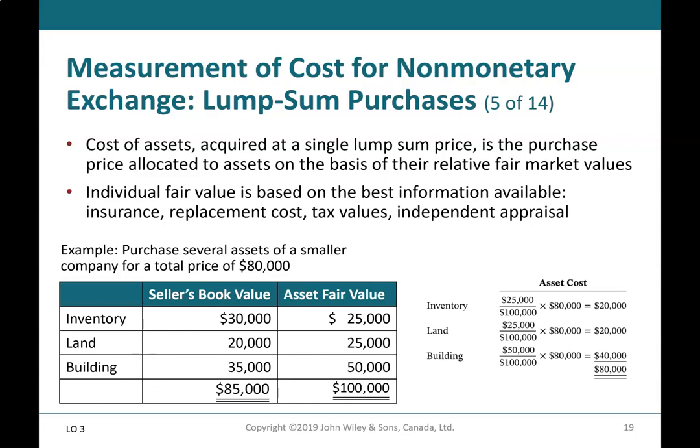So for inventory, you would take the fair value of $25,000 and divide that by the total of $100,000. Multiply that by $80,000 and you get $20,000. Same thing with the land, you get $20,000. Building, you get $40,000 for a total of $80,000. The seller's book value is irrelevant.